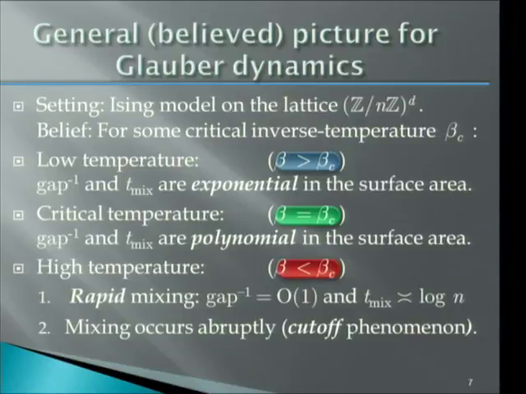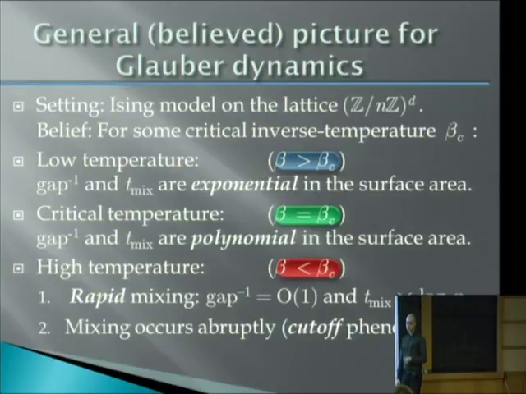Because if you had an expander graph and you're doing a random walk on it and you know that you have a bounded spectral gap, then you will mix within log n steps. Log the size of the system. But here the size of the system has 2 to the n elements, and not n elements. So the fact that the T mix in L1 is log n is non-trivial, at least just by looking at the gap.